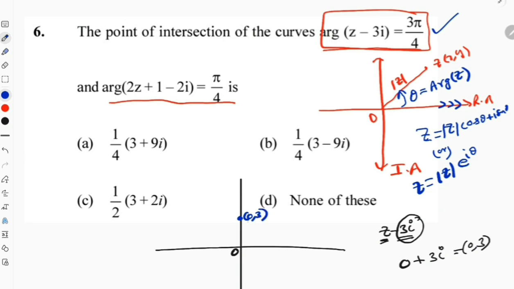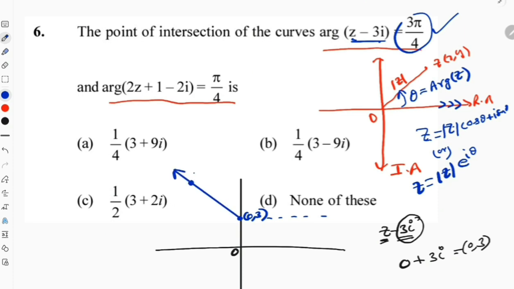Now the argument is the angle of the line segment joining 3i to z. Here z is the final position and 3i is the initial position. So the curve starts from (0, 3) and moves towards z, and that makes an angle 3 pi by 4. 3 pi by 4 is an obtuse angle, so with a horizontal line it makes an angle 3 pi by 4.